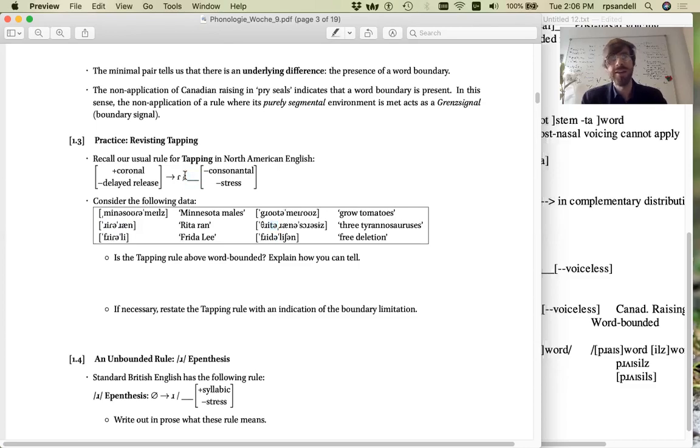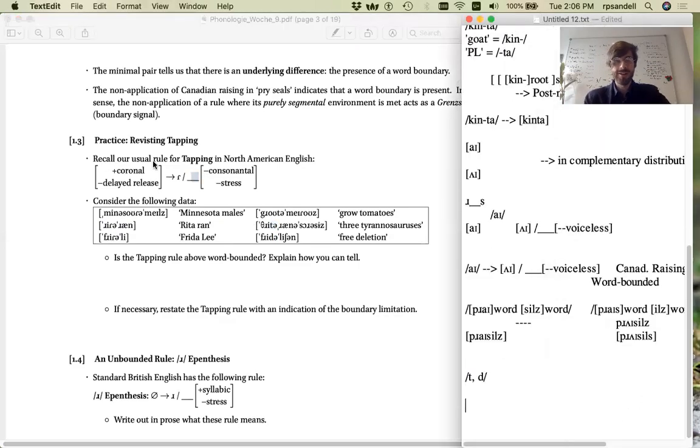I realize there's something missing from this environment. There, of course, needs to be a vowel preceding. So I'll have to adjust the handout here. Let's remember, the environment for tapping is that there needs to be a vowel preceding and then a stressless non-consonantal segment following.